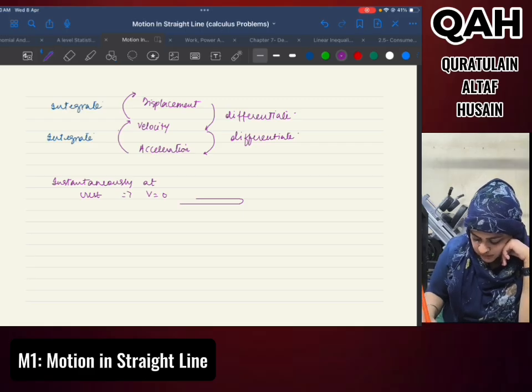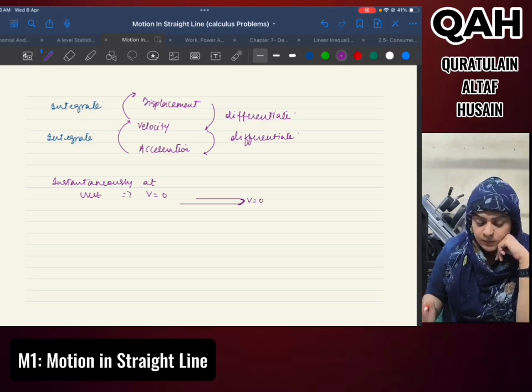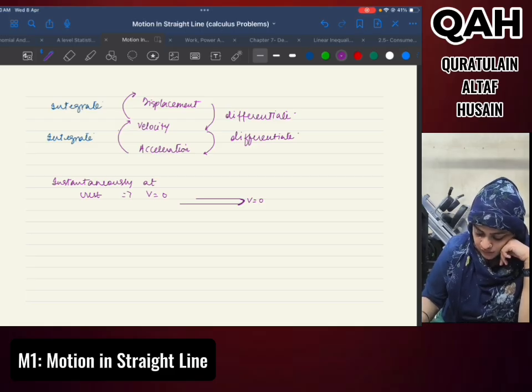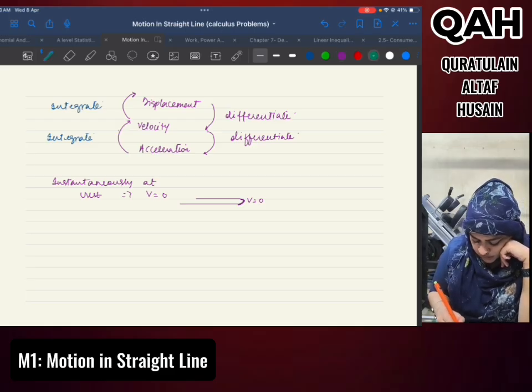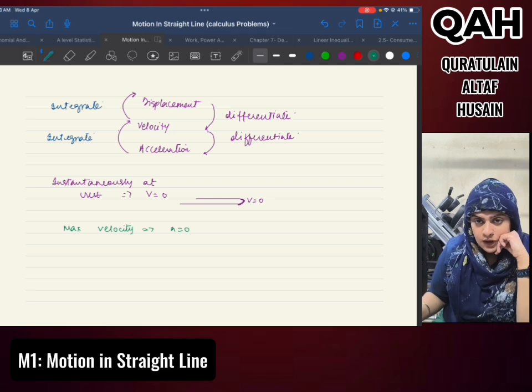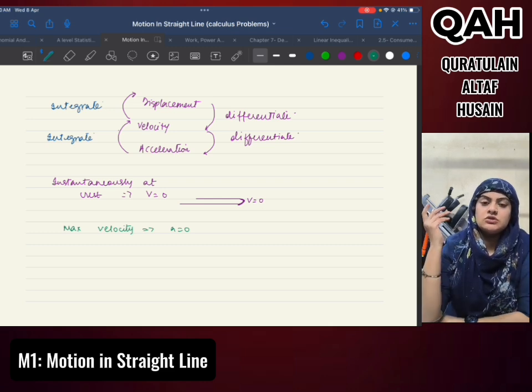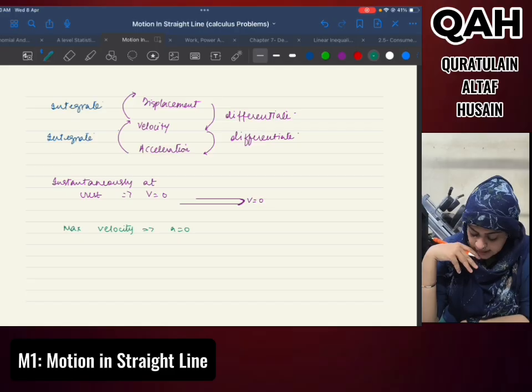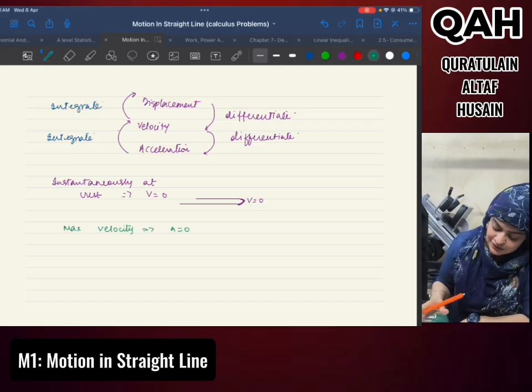So when it is making a turn over here it's instantaneously at rest for a moment. Instantaneously means in that moment. Also another condition is maximum velocity, which means that acceleration is going to be zero. Maximum velocity means there is no further change in velocity. When there is no further change in velocity, acceleration becomes zero.